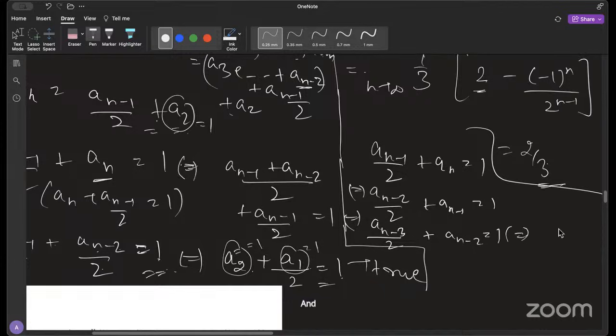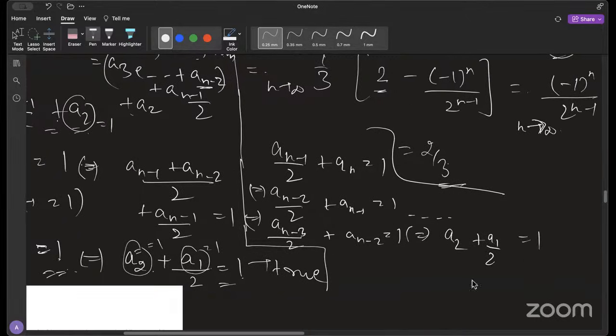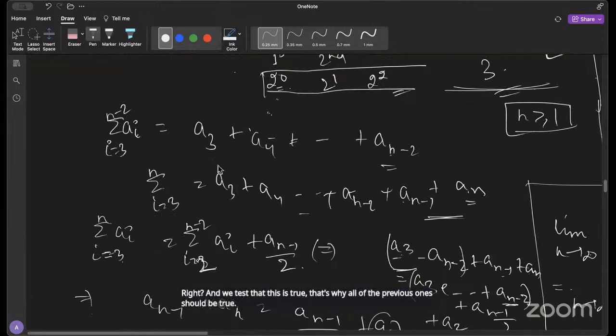If you keep going on like this, you'll end up with a2 plus a1 by 2 equals 1. Now, if this is true, then this is also true, this is also true, right? And we test that this is true. That's why all of the previous ones should be true. That means your fourth option should be correct.